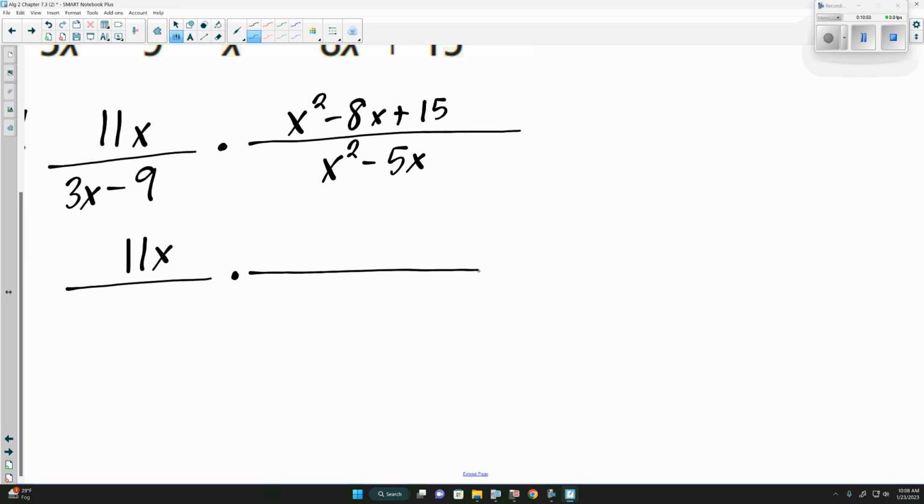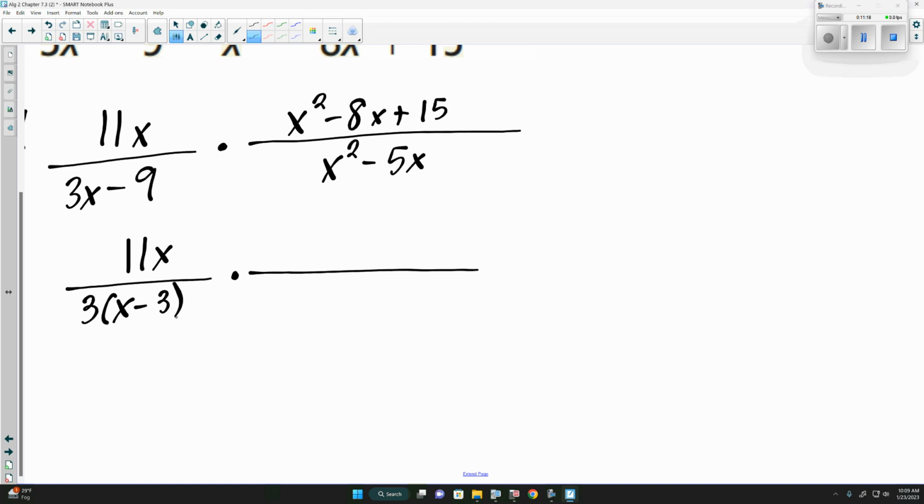Now at this point here, we can do some factoring. So 11x is as simplified as it gets. It's one term. Not much we can do with it. What can we do with the 3x minus 9? Yeah, we can simplify it by factoring out the 3. Which one do we want to factor next?